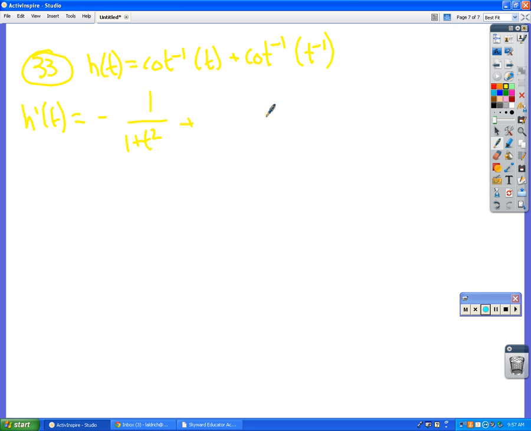The derivative of this cotangent is going to be the same thing, so it's actually going to be minus 1 over 1 plus t to the negative 2, because if x is t to the negative 1, that squared is t to the negative 2, right? Times negative t to the negative 2, because you have to change it.